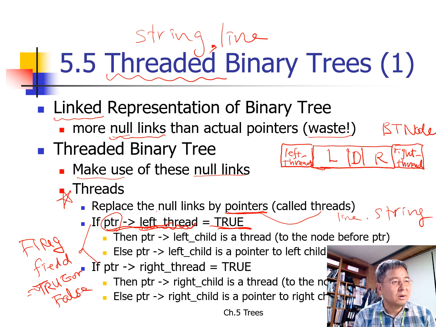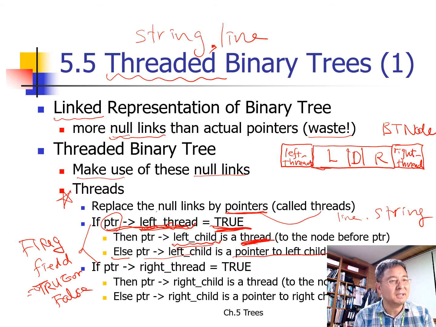Okay, so if this left thread is true, then that means that the left child link field is a thread. Yes, the meaning is the same. Left thread is true, then left child is a thread. Else, if it is not, then left child points to the left child.